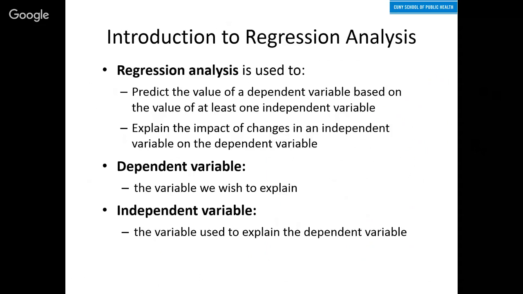There are, of course, exceptions, things like the Framingham Heart Score, where your goal actually is to predict an individual's risk of heart disease. But in most cases it is to make an inference about the impact of some exposure variable on your health outcome.